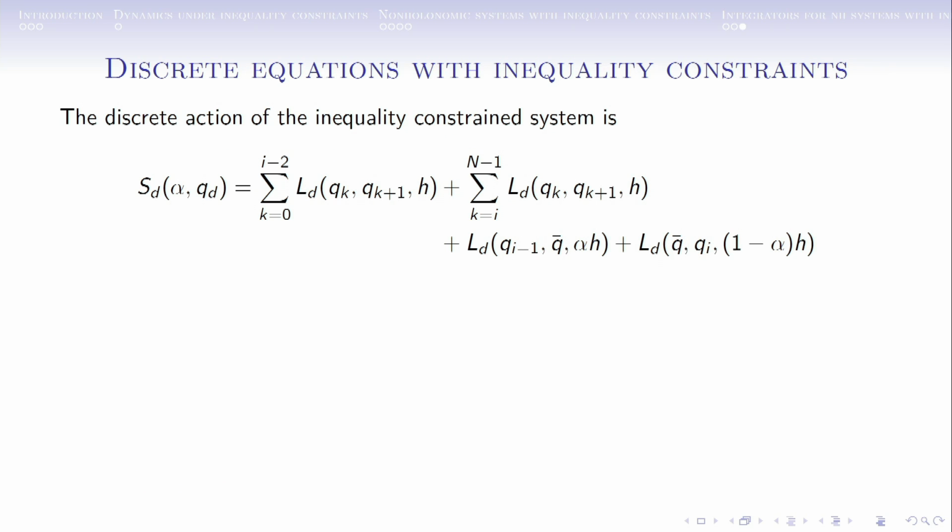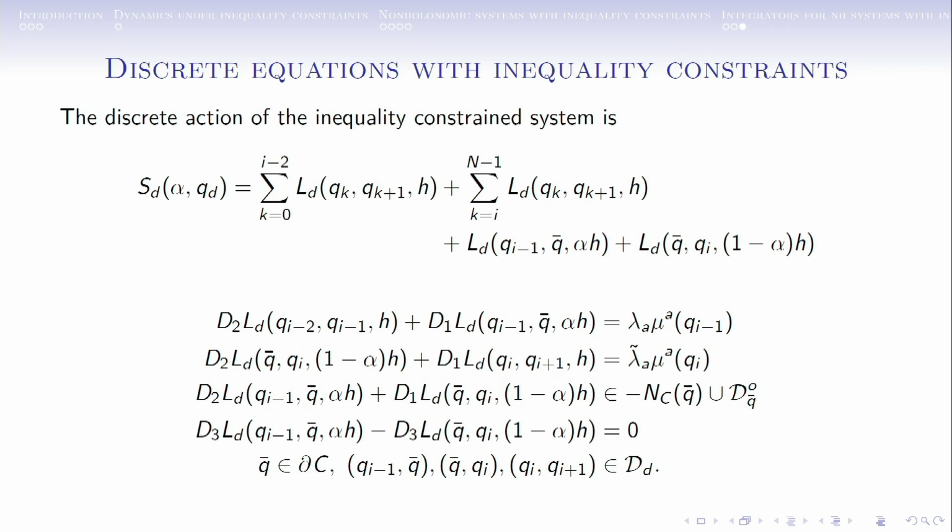And using all this notation, we are eventually able to split the discrete action into 4 different terms and work them all out separately. And some of them just give us discrete Lagrange-D'Alembert equations, and the other ones will give us impact equations.